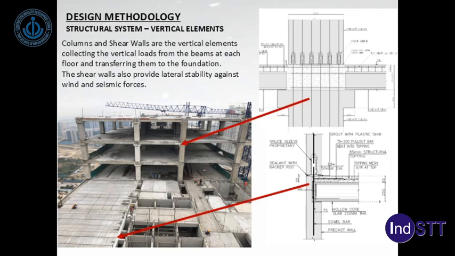The connection details on the right are blown up for clarity, and the arrows show where this detail is applicable to the structure at site. Similarly, the wall slab connection is blown up to show how the wall-to-wall connection is made and where it is applicable at the site.